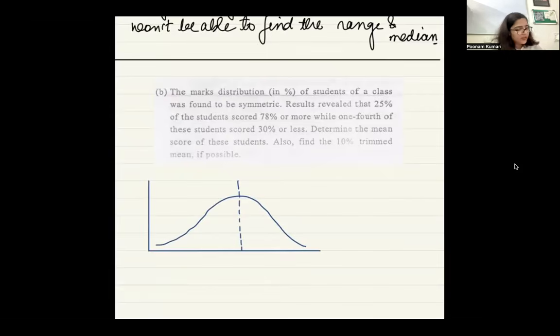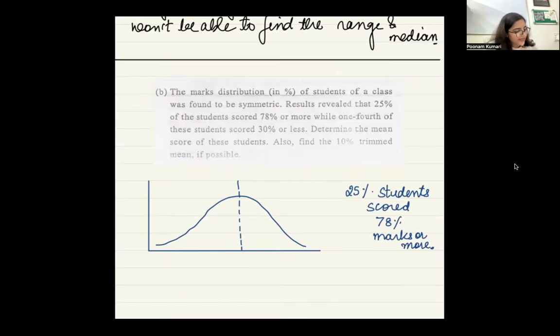Okay, all right. So now what else is given? The results reveal that 25% of the students scored 78% or more. So 25% of the students, meaning 1/4 of the students, have scored 78% or more. Is that clear? So what does that mean?